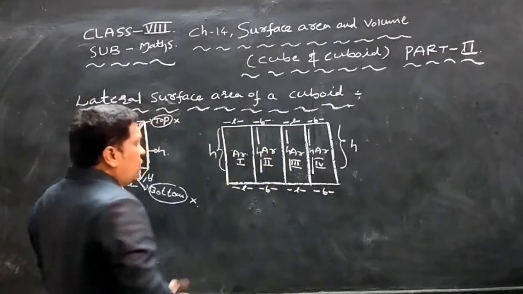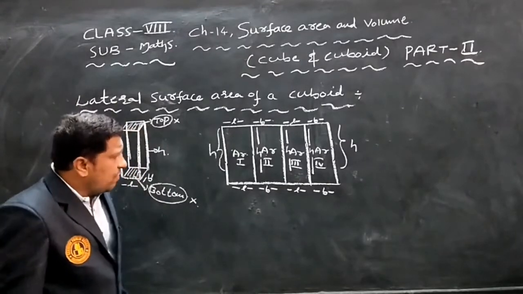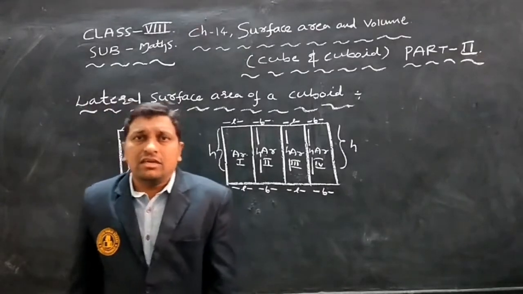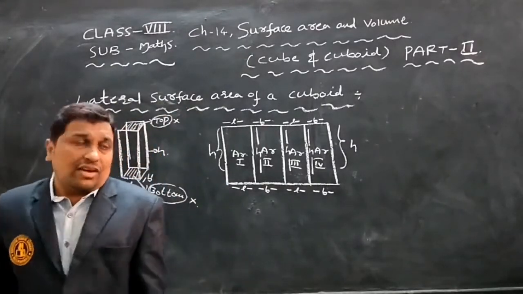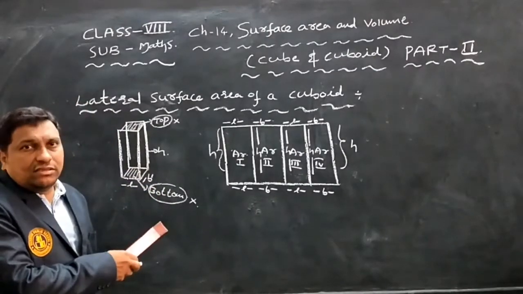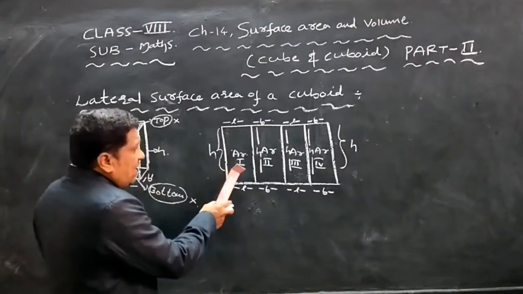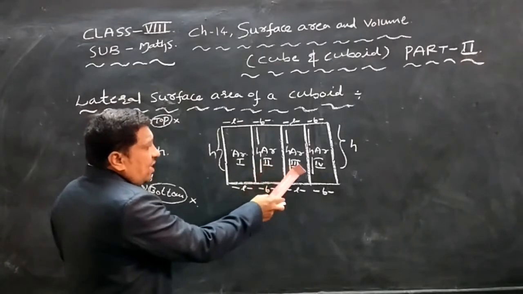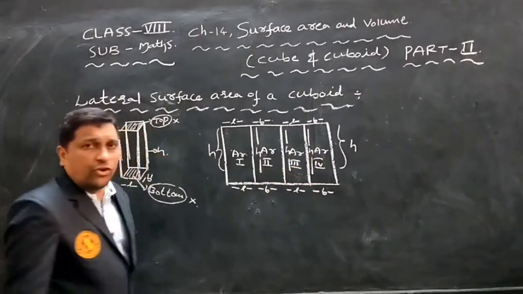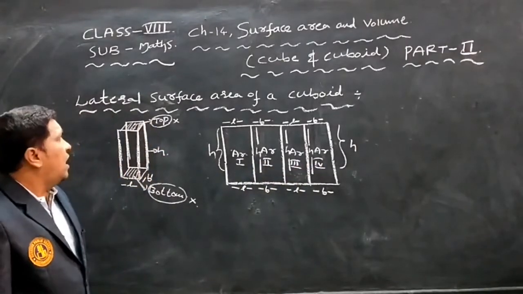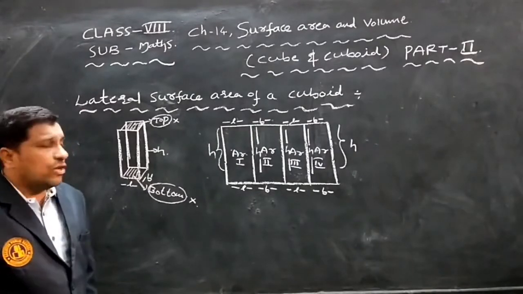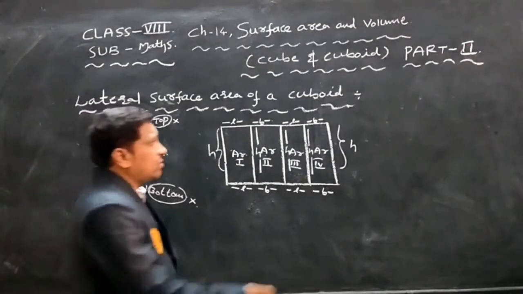So now we have to calculate 4 areas of this particular region. First area, second area, third area, last one is the fourth area. So we get the lateral surface area of a cuboid.